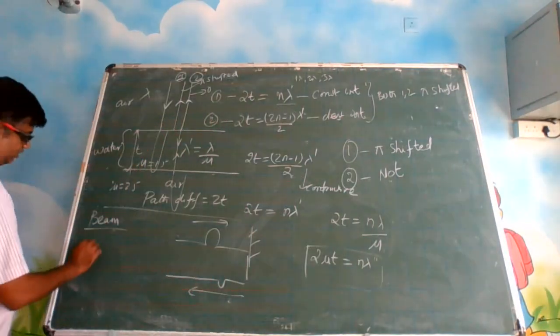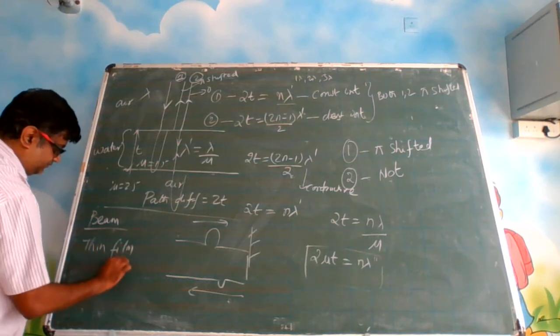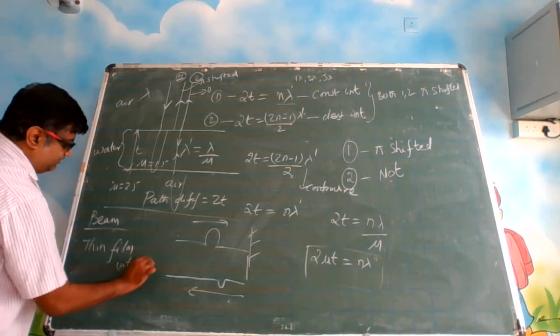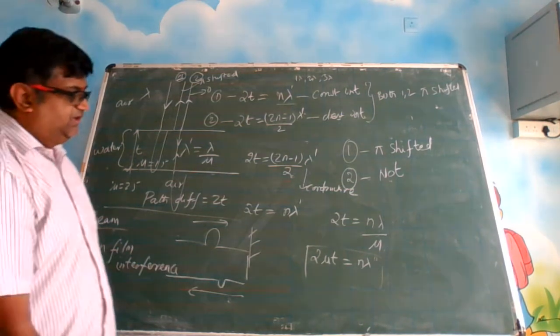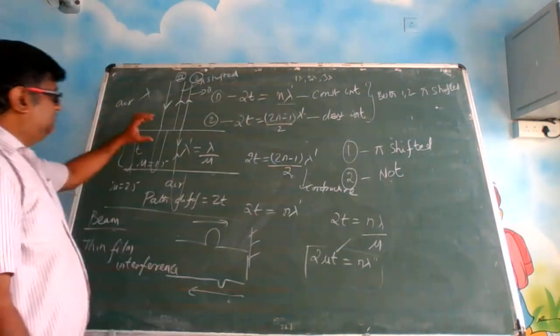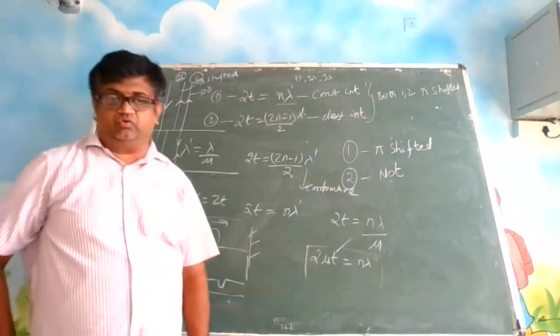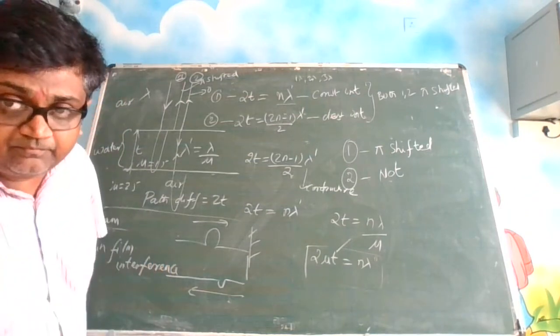This concept is called thin film interference. In numericals, what they ask you is to find the thickness of this thin film. Okay.